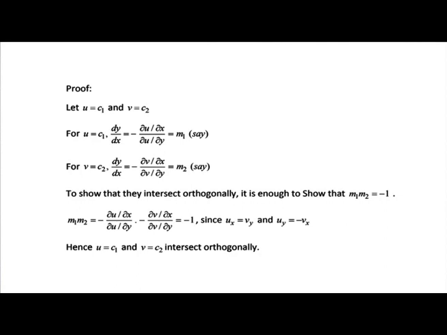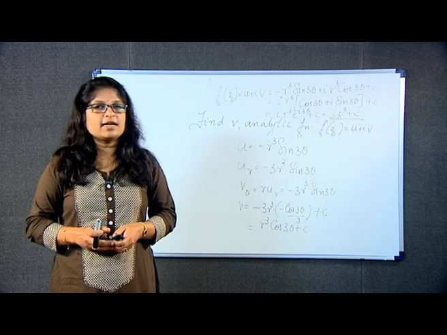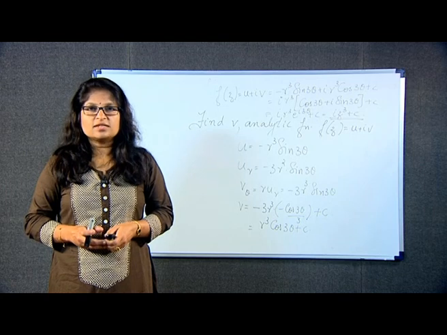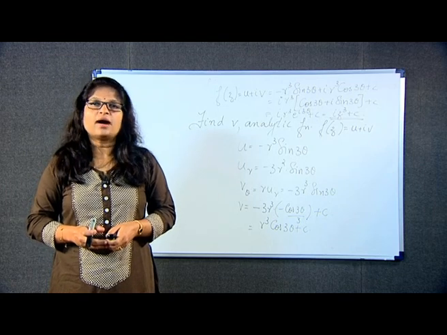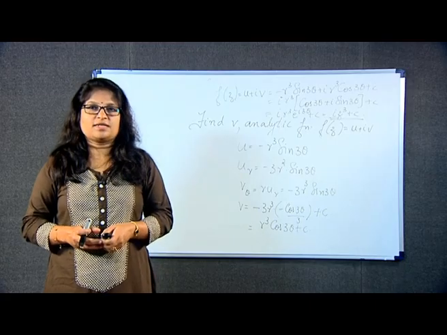Those are nothing but ux is equal to vy and uy is equal to minus vx. So, you can see that u equal to c1 and v equal to c2 intersect orthogonally. So, whenever I have a function f of z which is analytic, your real part equal to constant and the imaginary part equal to constant give you a set of orthogonal curves.